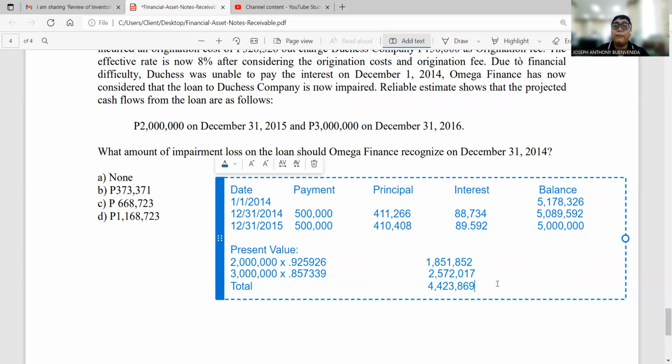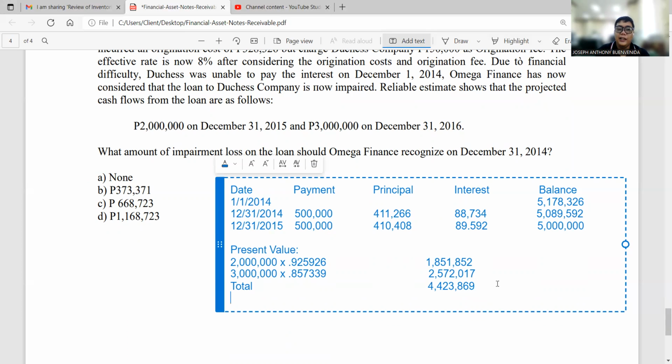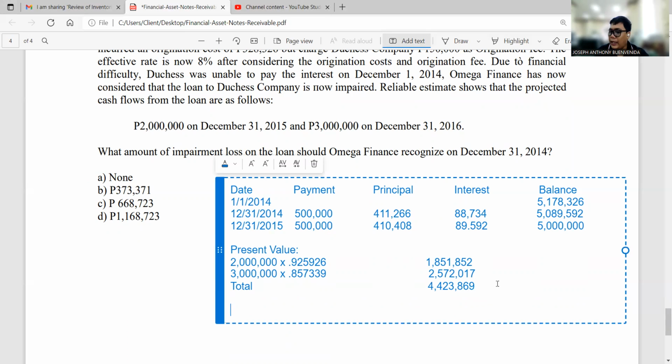Now, how to get the impairment loss? Ang present value sang loan is 4,423,000. Okay? Pila ang carrying amount? So, ang carrying value niya on December 31, 2014 is 5,089,592. Okay?